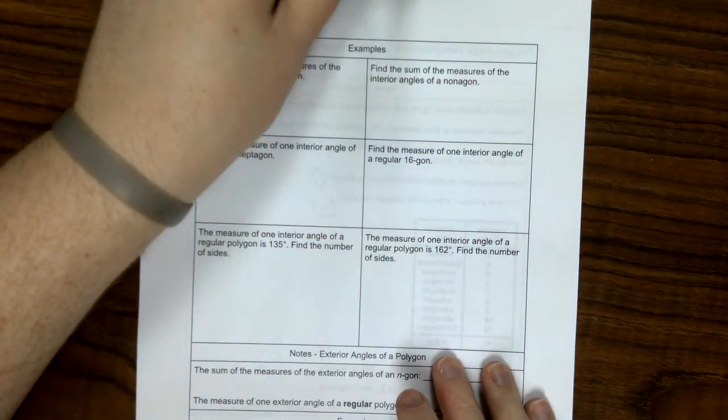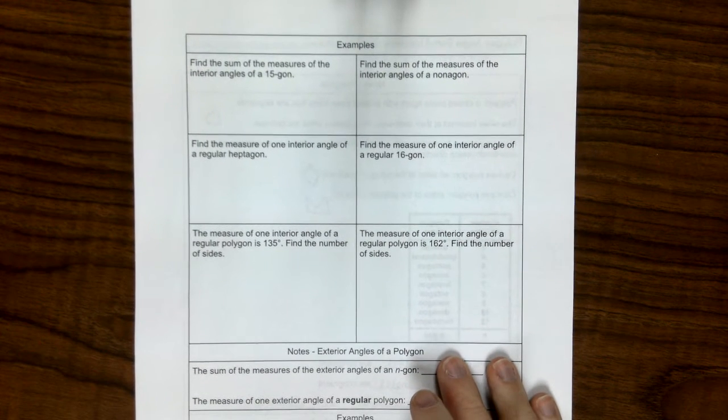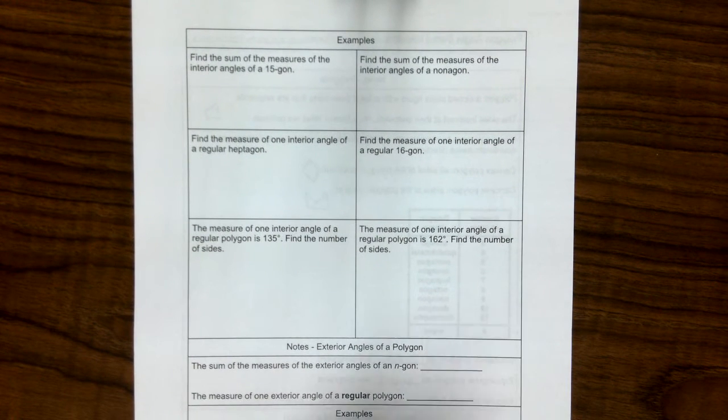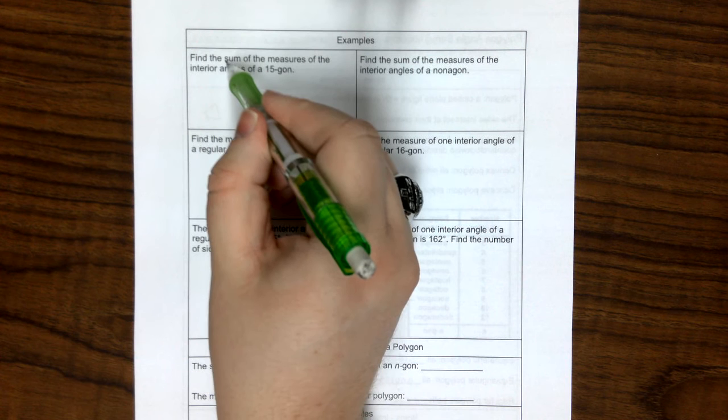So let's flip over. All we really have to do is pay attention to what we're being asked, and everything should be okay. Find the sum of the measures of the interior angles of a 15-gon. I'm looking for some keywords.